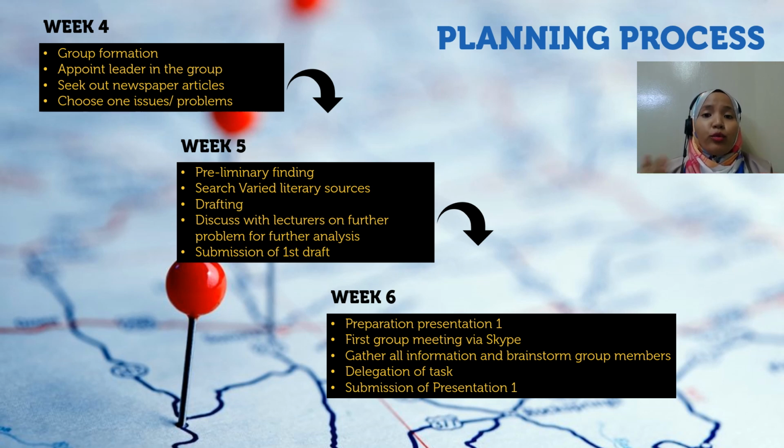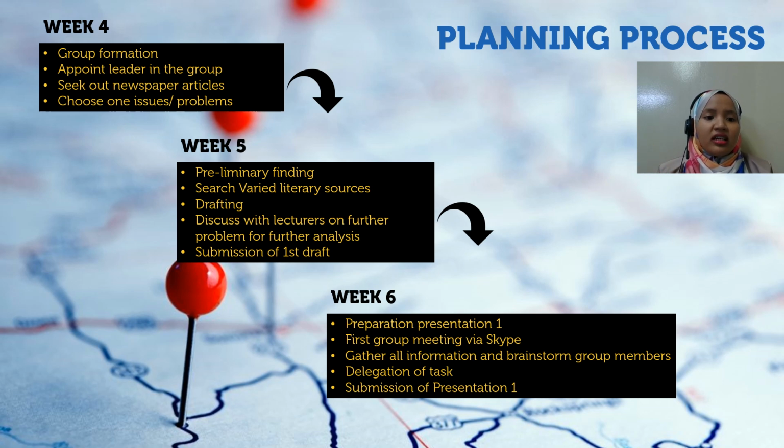During week 5, we started to do preliminary findings where all of us searched for varied literary sources because we needed to do the drafting. The process of drafting is carried out by searching for the important details of the project.